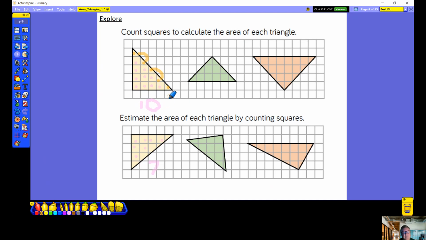So that could be 12. Could even be 12 and a half, couldn't it? So 12.5 centimeters squared. Now this one was an estimate. So if you have a look, that could go there, so that might bring that up to 8.